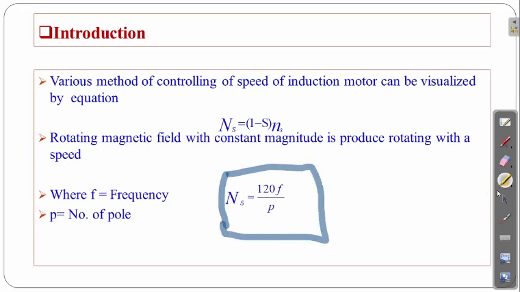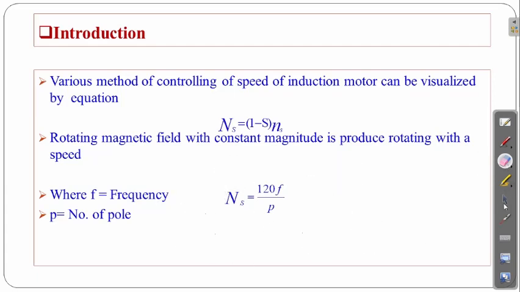This speed equation we will use most of the time. So this is the main formula to find the speed, Ns equal to 120 f by p, where f is frequency and p is the number of poles.